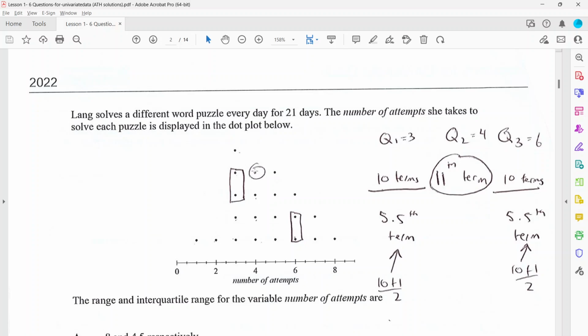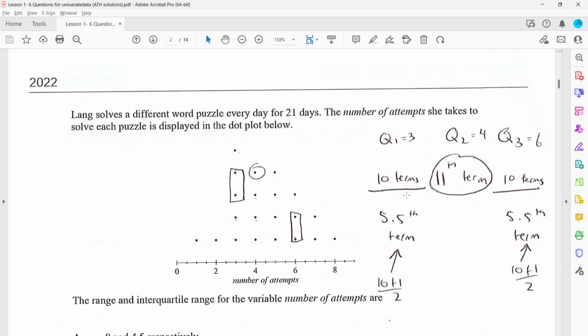So that's how I circled that number there. Now on the left of the median, these 4 and these 6 are my left terms for my first quartile.